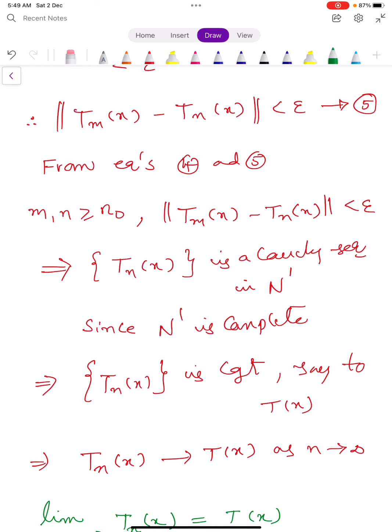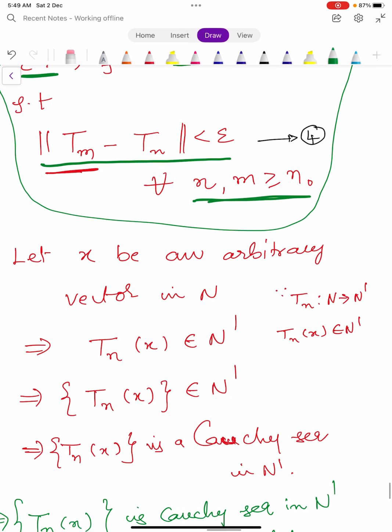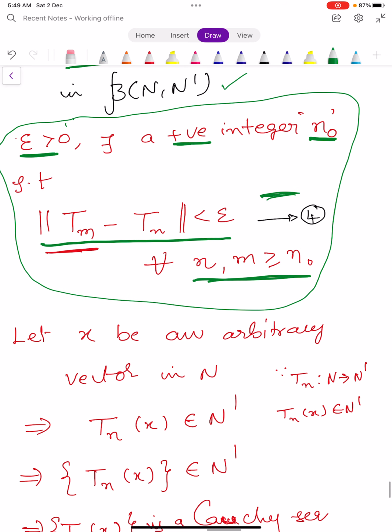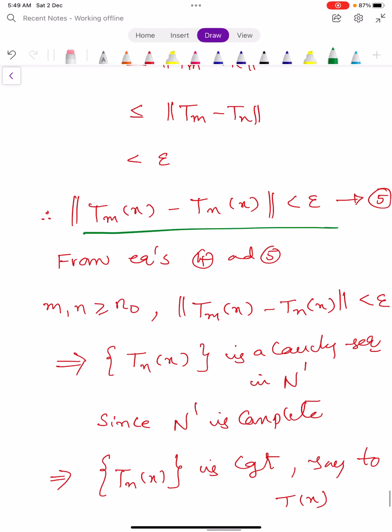Let us see, one minute. Here you observe equation number 5 and equation number 4. There is a small difference between these two. In equation 4, we are representing Tn and Tm, which are only linear transformations. In equation number 5, it is Tm of x and Tn of x.